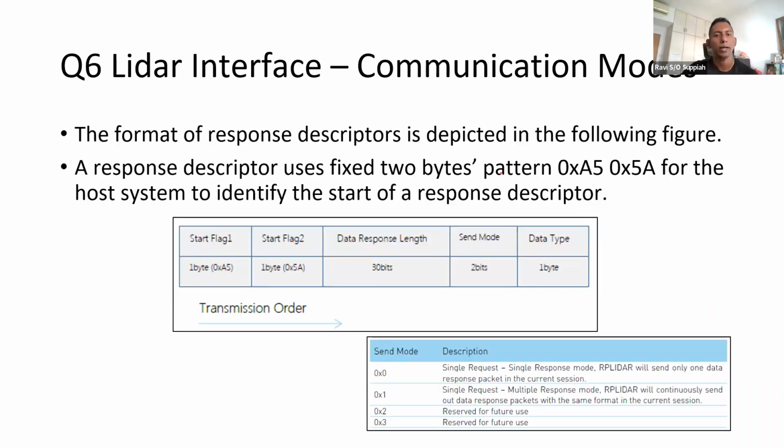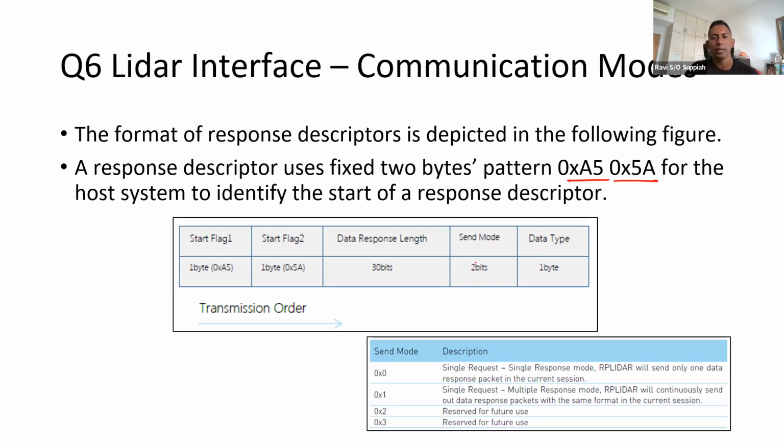In a response descriptor, the first 2 bytes are always A5 and 5A. This allows the host, in our case the Rpi, to know that the LIDAR is actually responding to me.